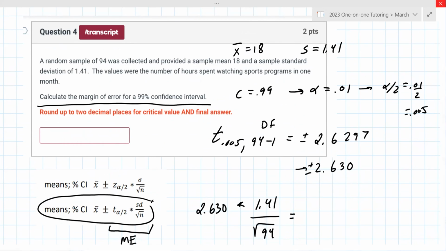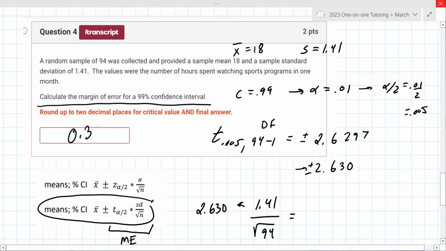It's just put those numbers in the calculator and get the result here. 0.14. Oh, too small. Okay, so 0.15. I got 0.38. We're somehow off here. 2.63 times 1.41 divided by the square root. I didn't times it by 2.630. Yeah, now I got 0.38.